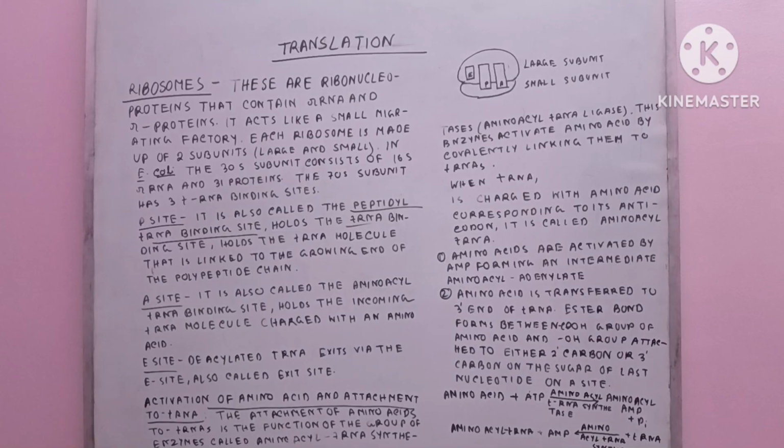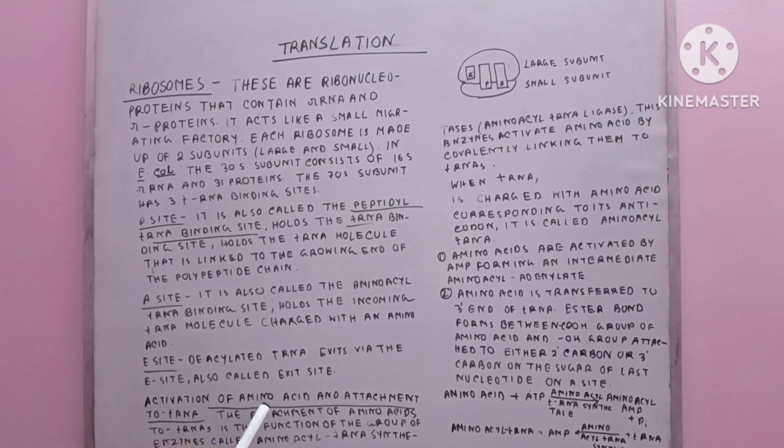Now this is the second topic. Here I will explain the activation of the amino acid and its attachment to the tRNA. What is the activation of the amino acid? The attachment of the amino acid to tRNA is the function of a group of enzymes called amino acid tRNA synthetases.